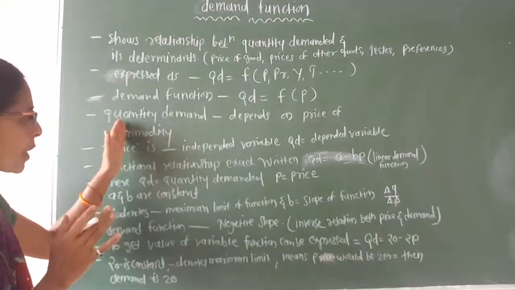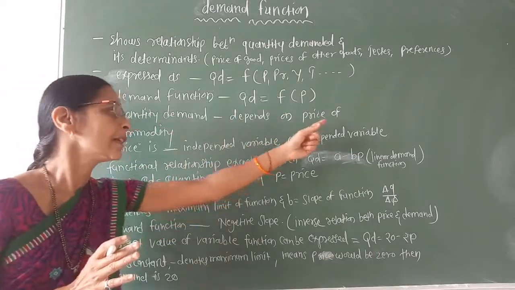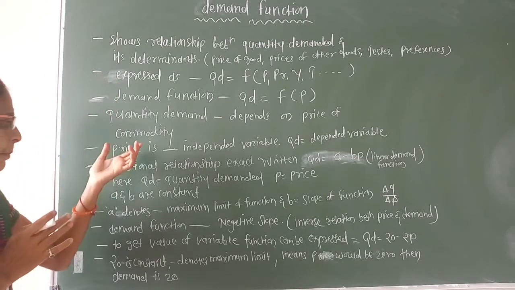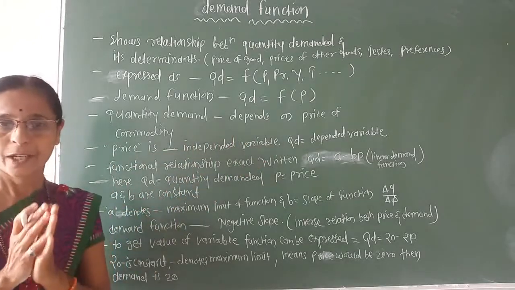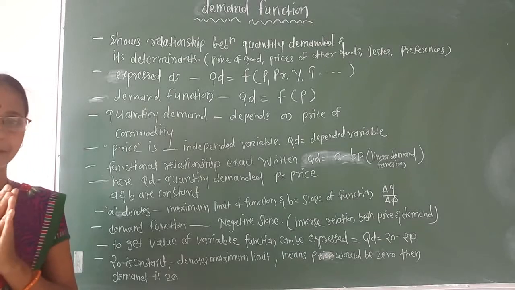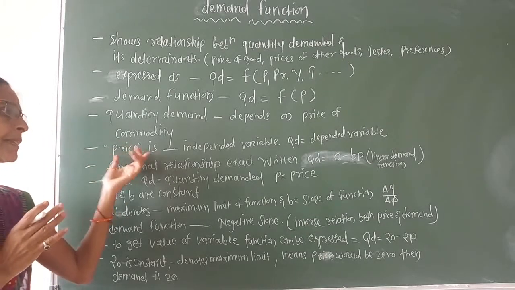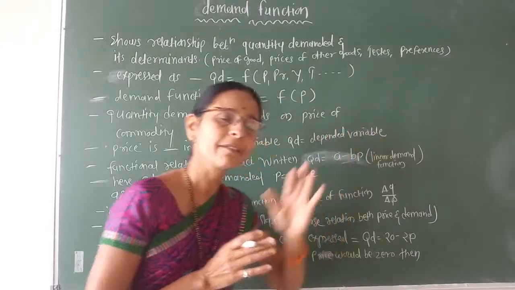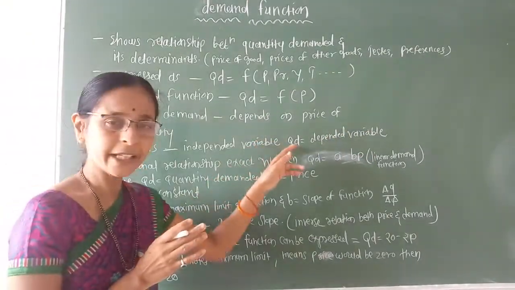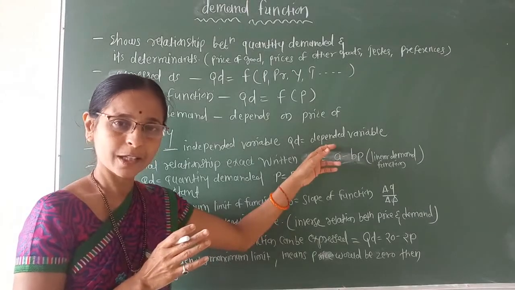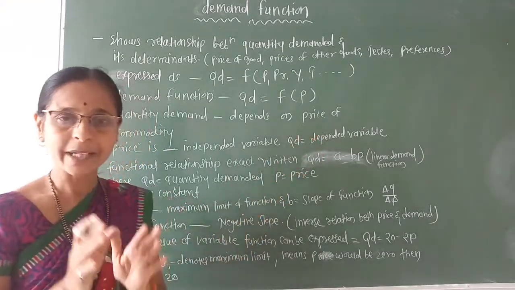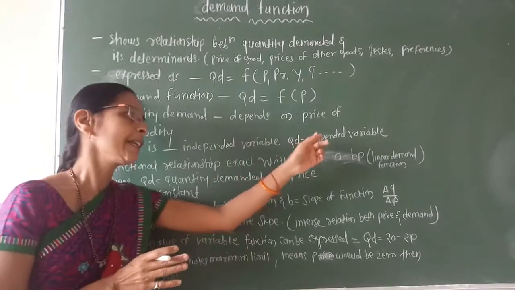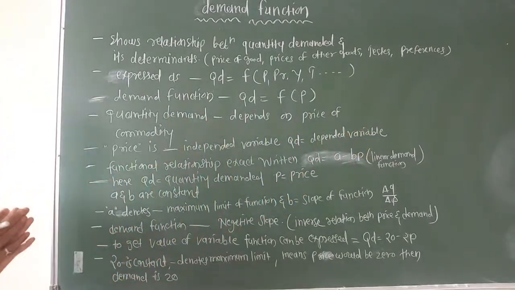So students, in the demand function the price is an independent variable, variable meaning the changeable factor, and the quantity demanded is a dependent variable, because our demand depends only upon the price of the commodity.